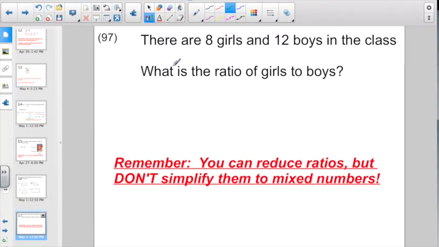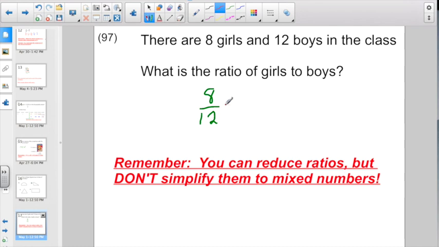One coming at us from lesson 97. It says there's 8 girls and 12 boys in the class, and they want to know the ratio of girls to boys. Start with girls first, and it said there that we had 8. And then to boys, they had 12 boys, so I'm starting off with what looks like a fraction of 8/12. Now let's go and make sure you can reduce ratios, but don't simplify them to mixed numbers.